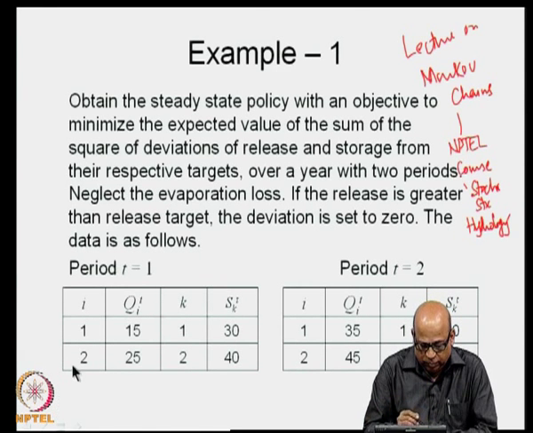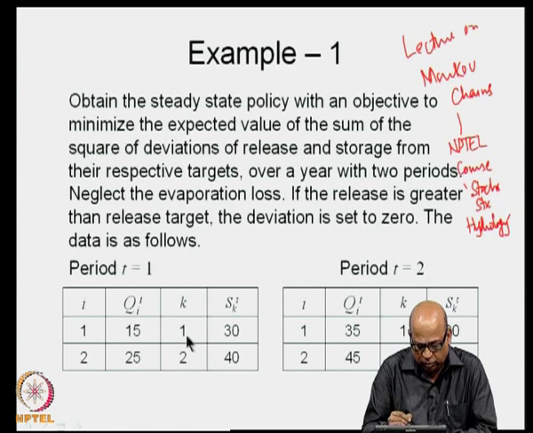Now, we have the discretization. As I said, you need the discretization for that. So, for t equal to 1, we are defining Q(I,t). For convenience, we may use I and t as subscript and superscript respectively, like I have done here, as long as you are clear that you refer to time period t when you are looking at I. So, for time period t equal to 1, the representative value associated with inflow class interval 1 is 15, and for inflow class interval 2 it is 25.